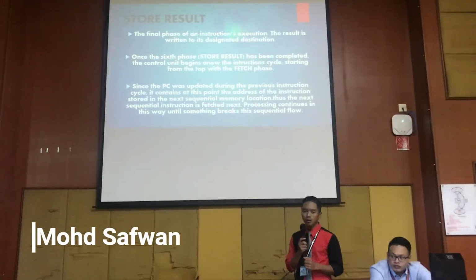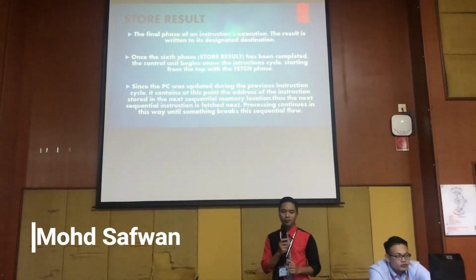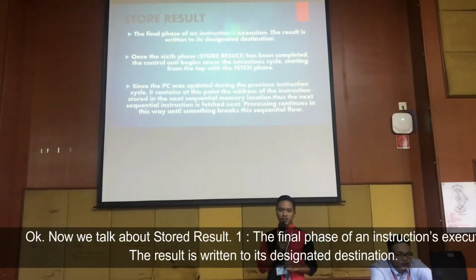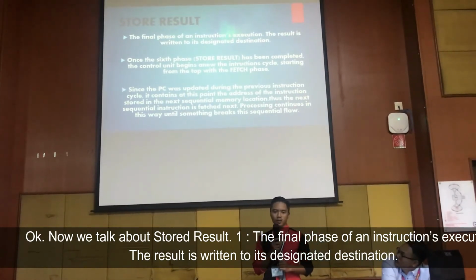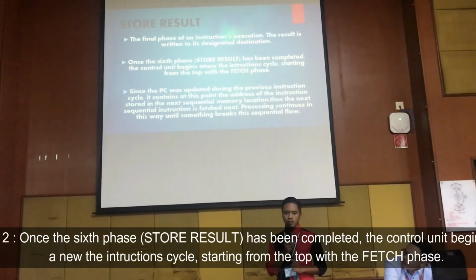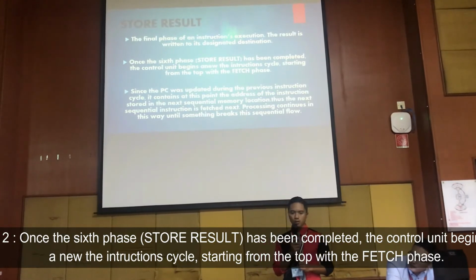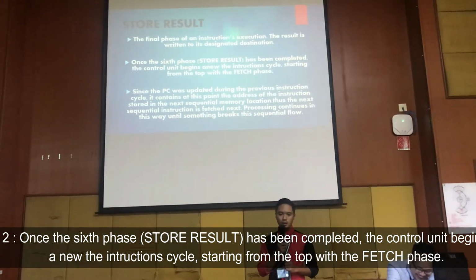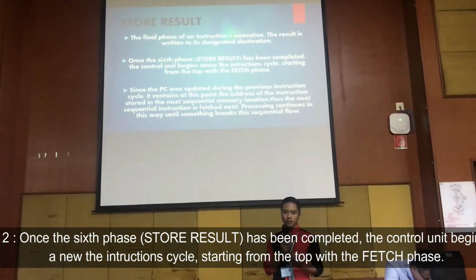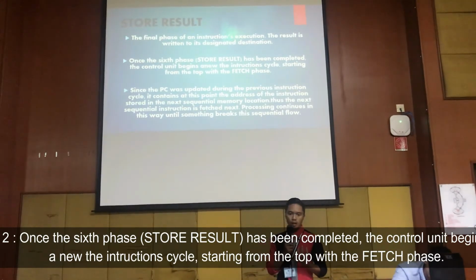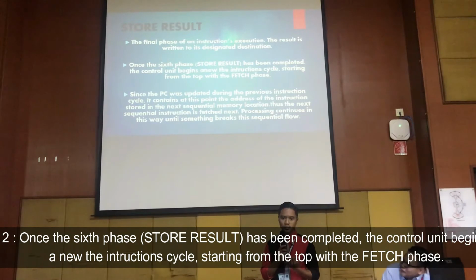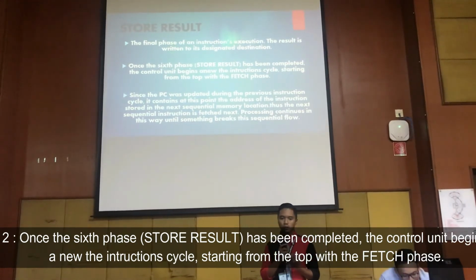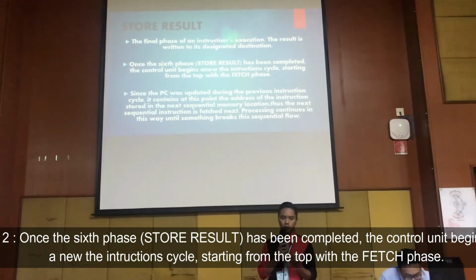Now we talk about store result. The final phase of an instruction's execution. The result is written to its desired destination. Once the 6th phase, the store result, has been completed, the control unit begins a new instruction cycle, starting from the top, the fetch phase.